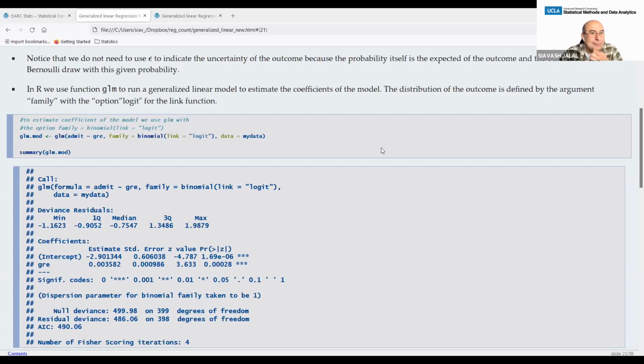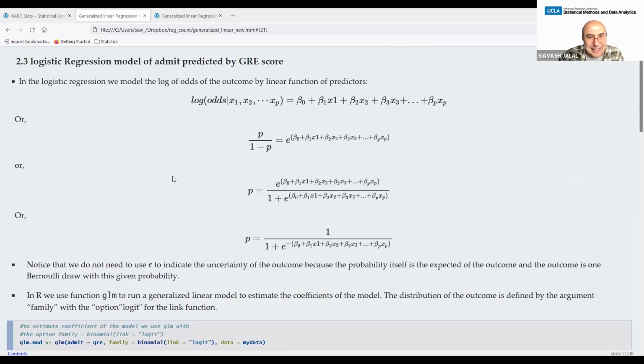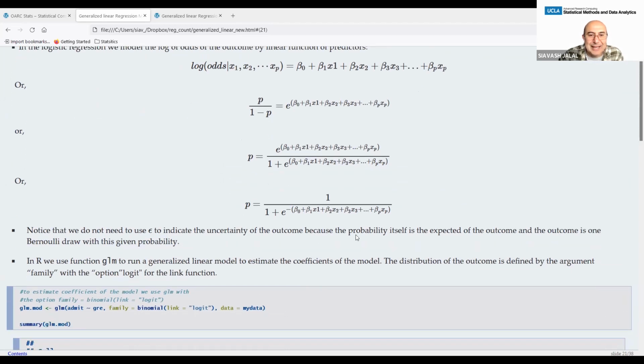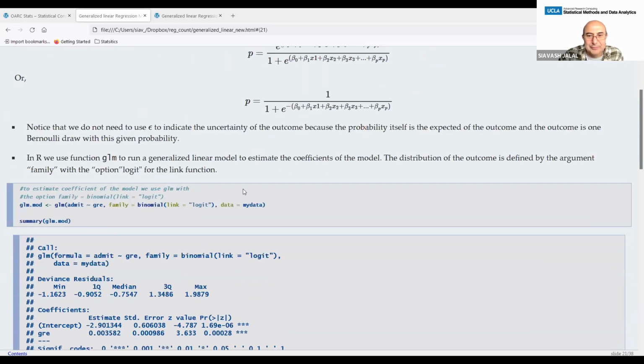So in R, we use the function glm to run a generalized linear model. Basically, using that probability mass function, we will be able to estimate the parameters of the model. I'm not going over that part.